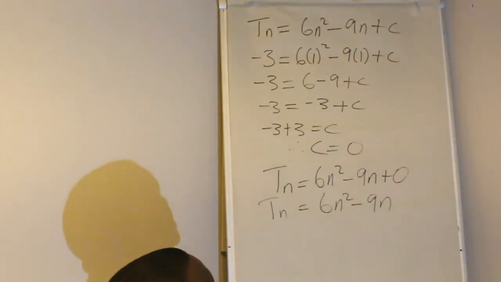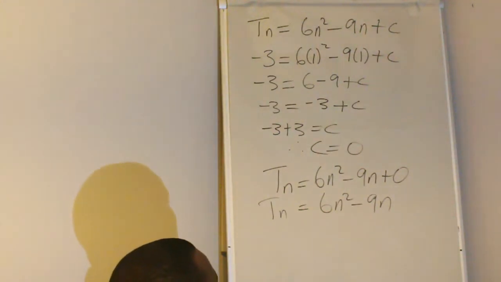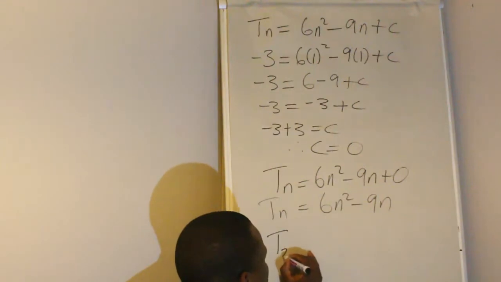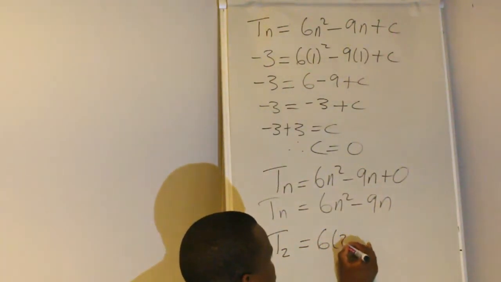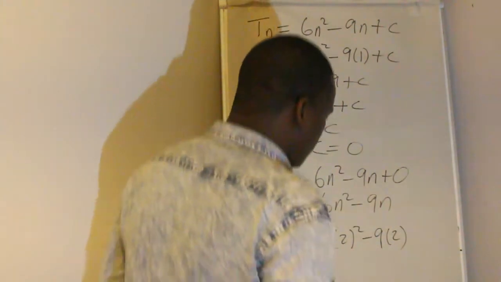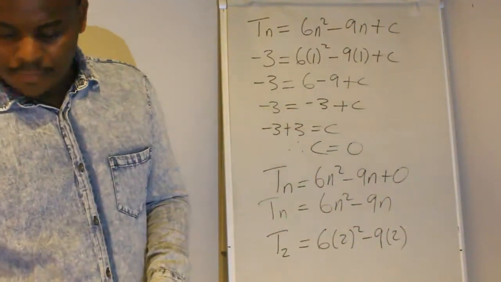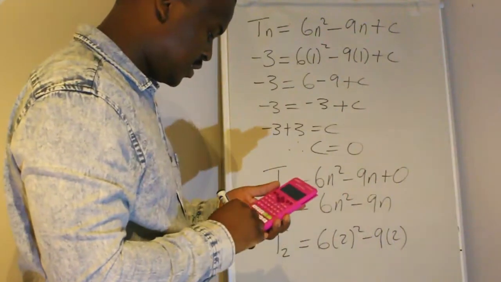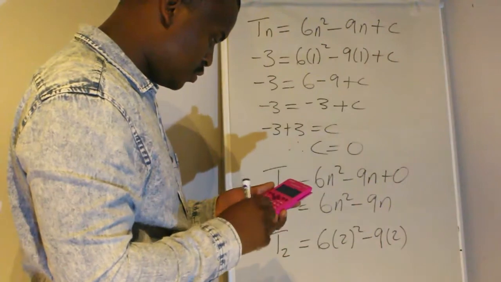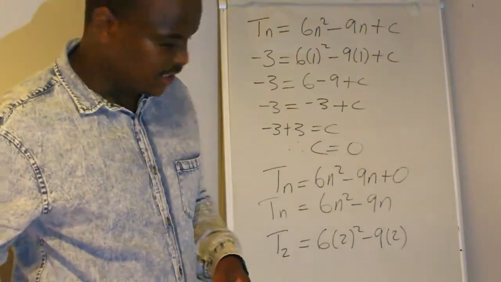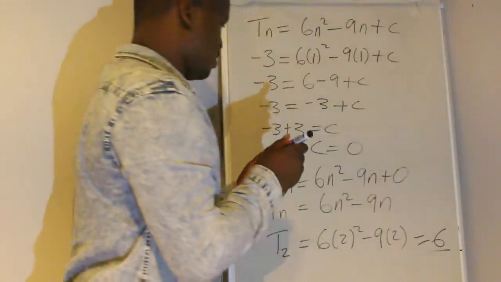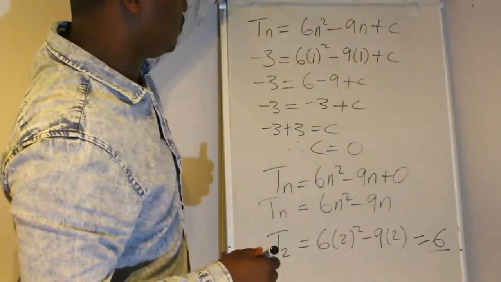For example, let's take the second term. T2 is equal to 6 into 2 squared minus 9 into 2. You can punch that in a calculator. This is 6, and 6 was the second term of the sequence.